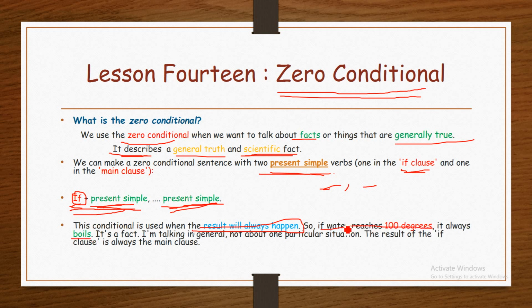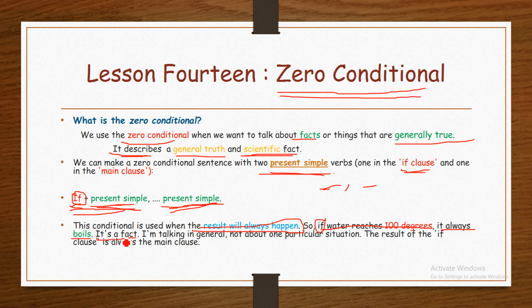It is a fact. If water reaches 100 degrees, it is a scientific fact. This is the if clause, and it always boils is the main clause. Both clauses are in present simple tense.